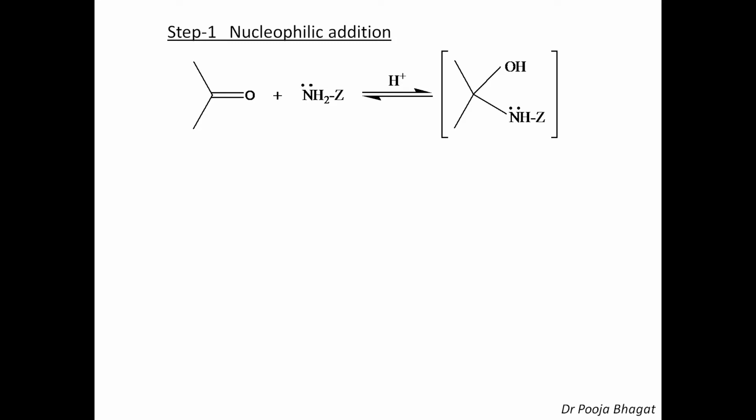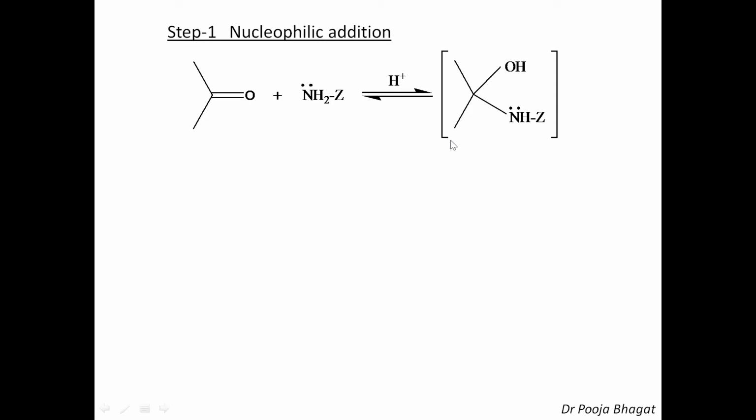As you have seen, the previous reaction is composed of two steps. In step 1, as you can see, it is a nucleophilic addition reaction. The carbonyl group is electrophilic in nature, and it is this carbon which is the electrophilic center, while this is the ammonia derivative and the nitrogen is the nucleophilic center. So this nucleophile gets added at the carbonyl carbon, giving this product.